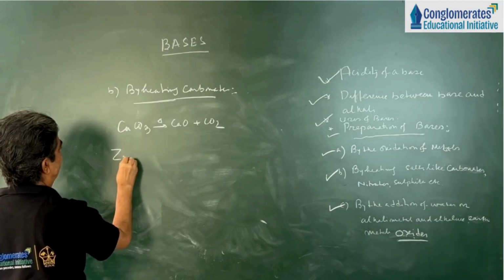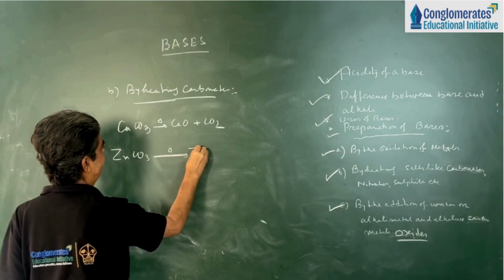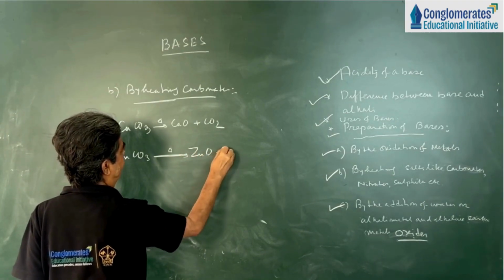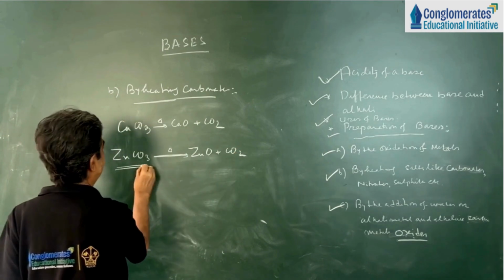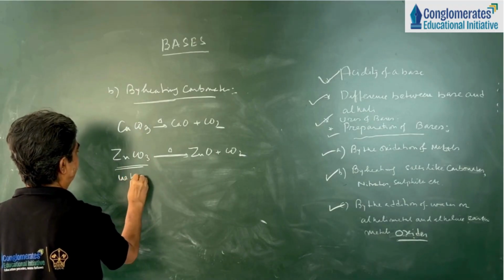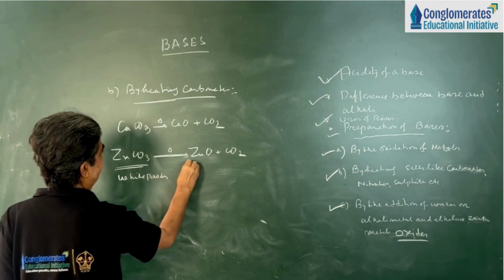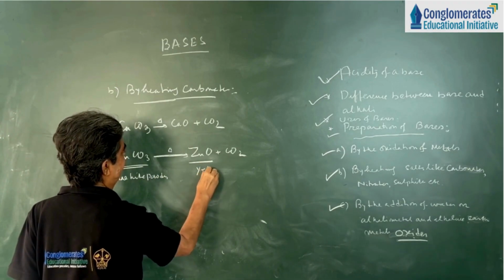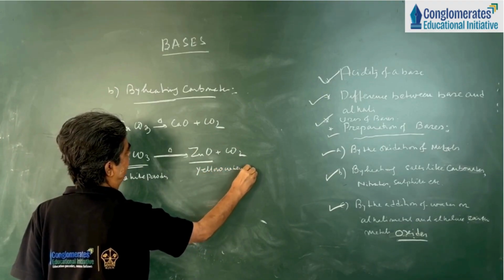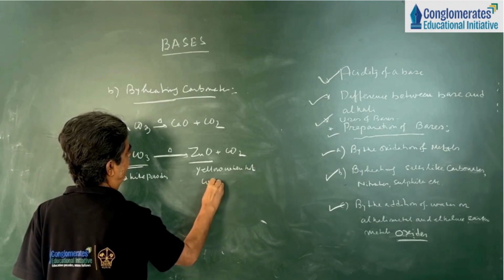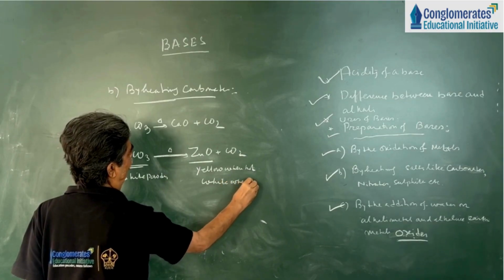By heating zinc carbonate, we get zinc oxide plus carbon dioxide. Now here is the important point: zinc carbonate is a white powder, and zinc oxide, when heated, is yellow when hot and white when cold.